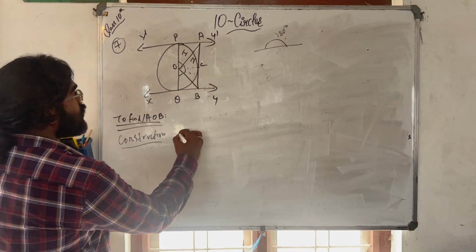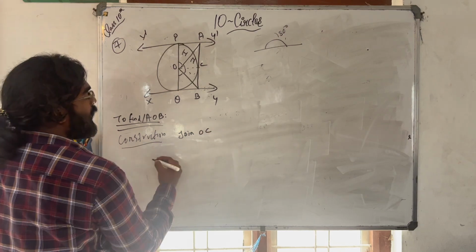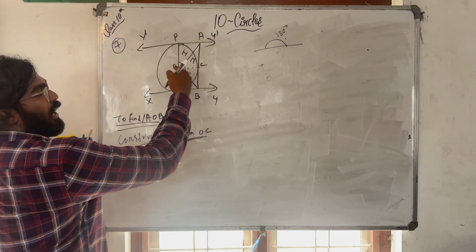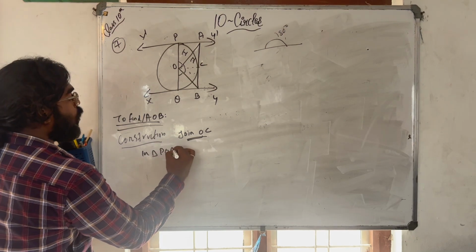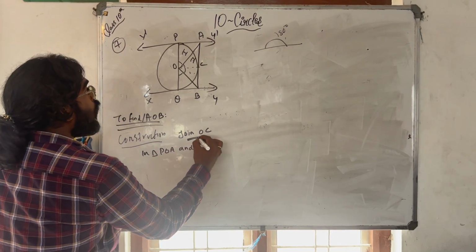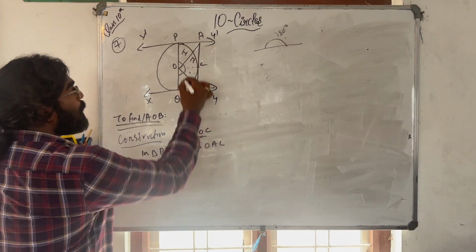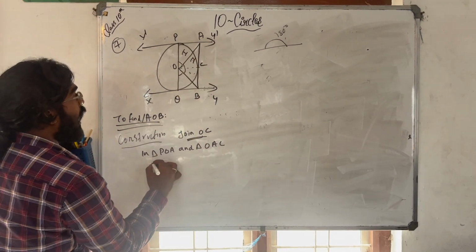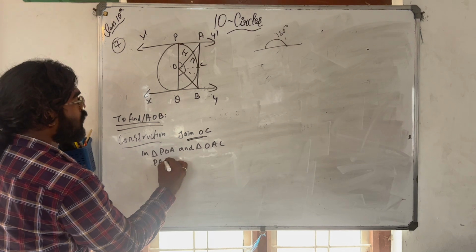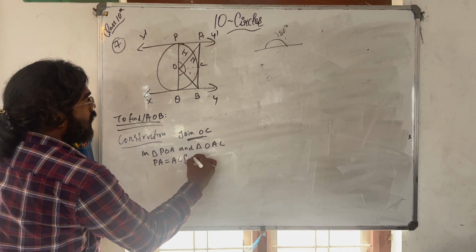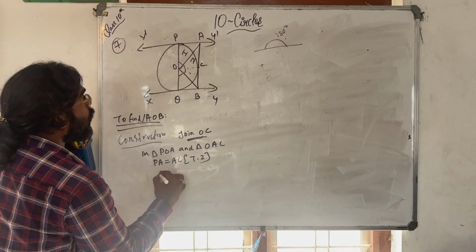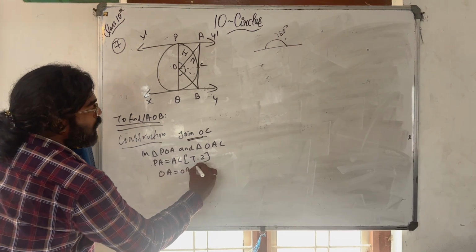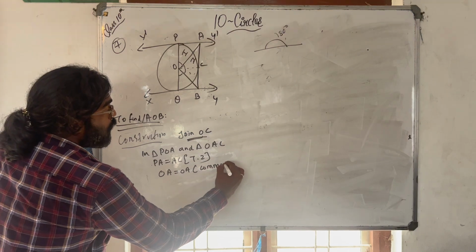So construction: join OC. Join OC, like how I said. Now in triangle POA and triangle OAC, I know what all is equal. PA is equal to AC. Why? You know your theorem 2, right? And OA is equal to OA, common.